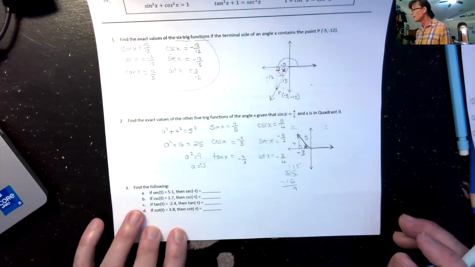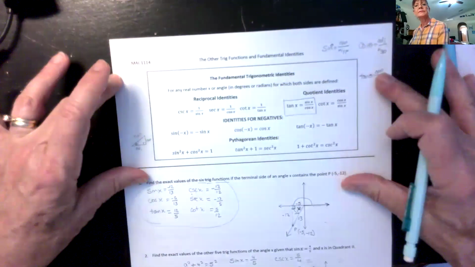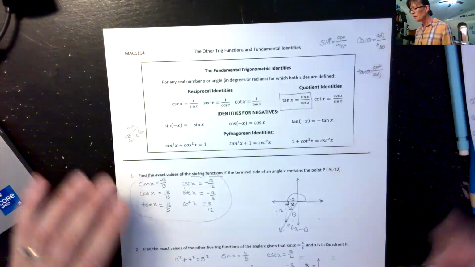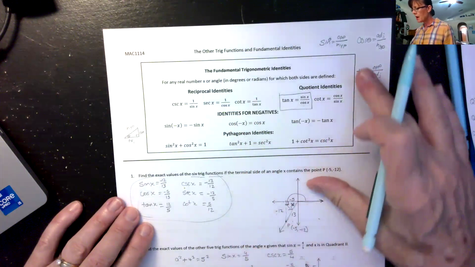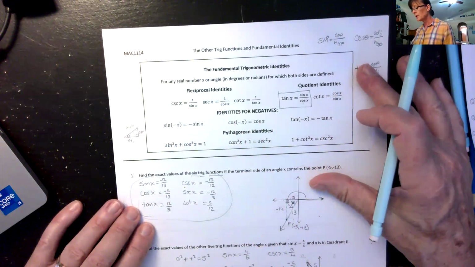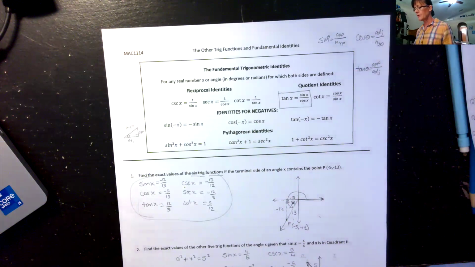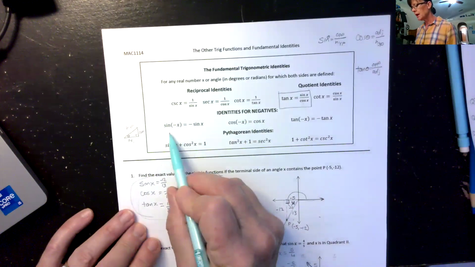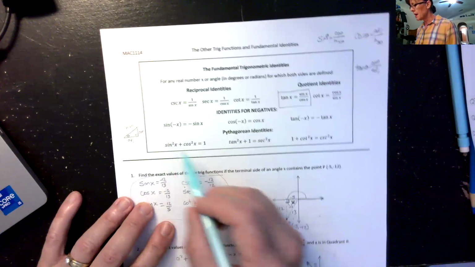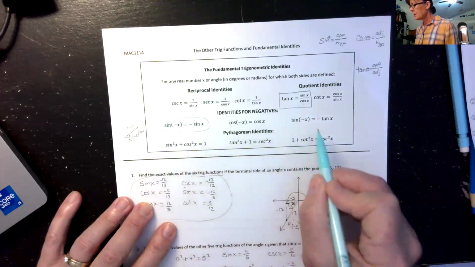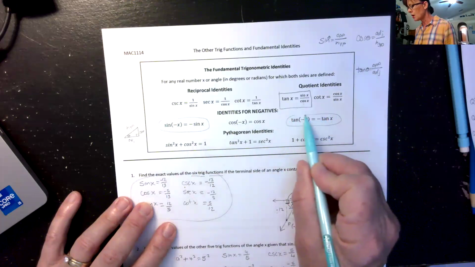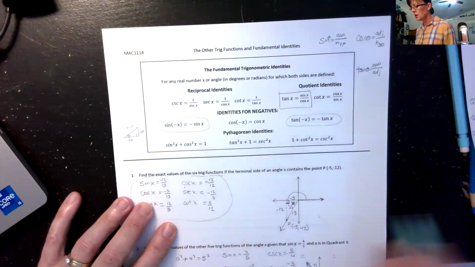Now we're going to go back up here and have a look at these other identities for a second. Identities for negatives. This will make even more sense once we learn the graphs of these. Basically, what these are saying is that the sine function and the tangent function are odd functions.